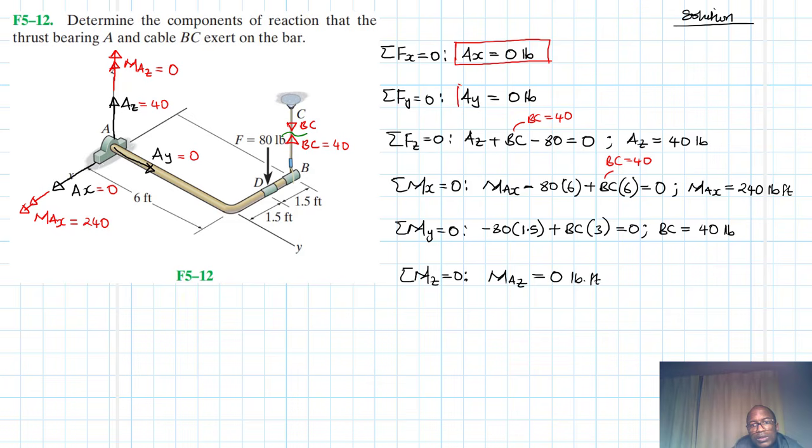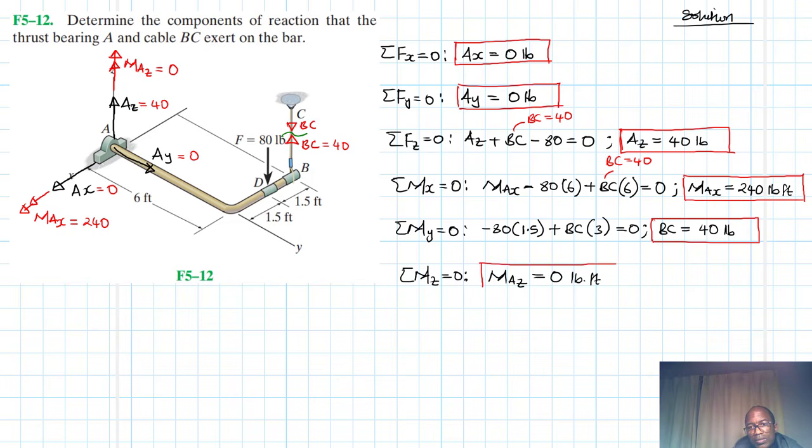We have AY is equal to 0. We have AZ is equal to 40. We have MAX is equal to 240. We have BC is equal to 40. We have MAZ is equal to 0.